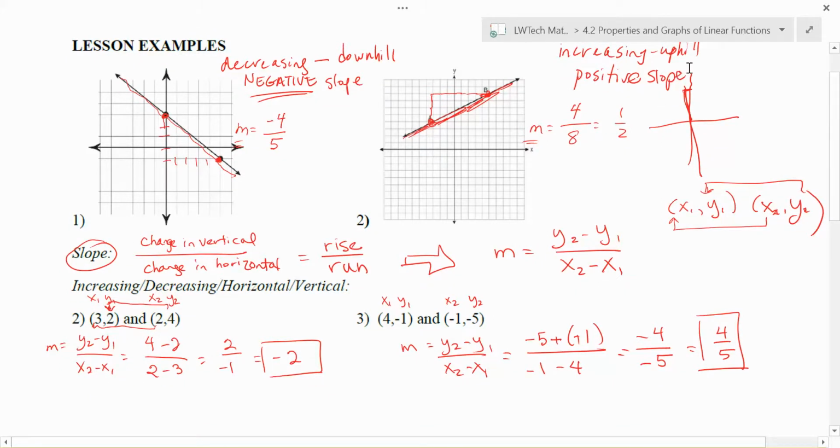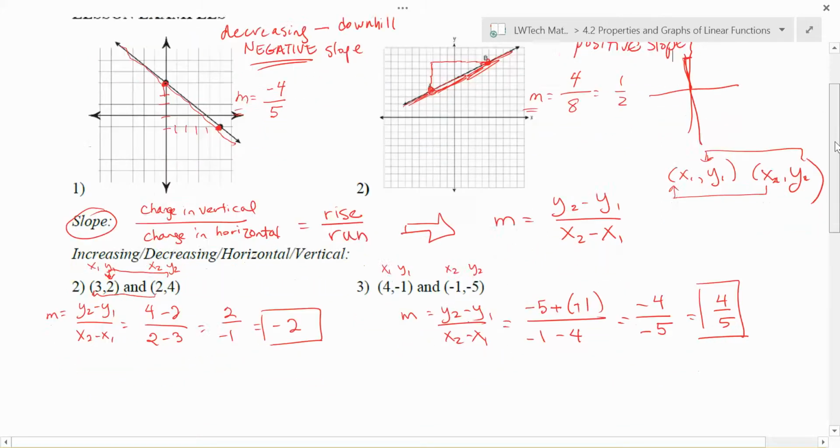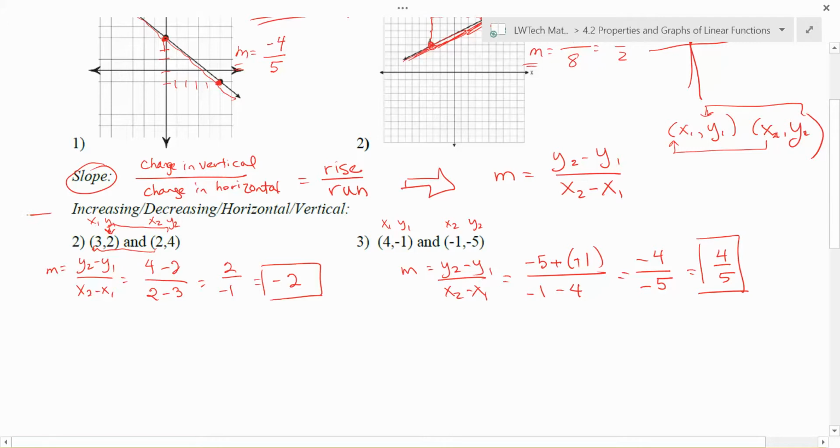Let's talk a little bit about our last options. So an increasing slope is always going uphill. A decreasing slope is always going downhill. This is always a slope that's positive. This is always a slope that's negative.